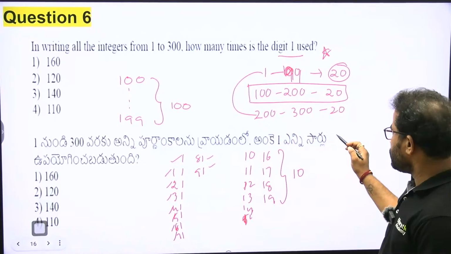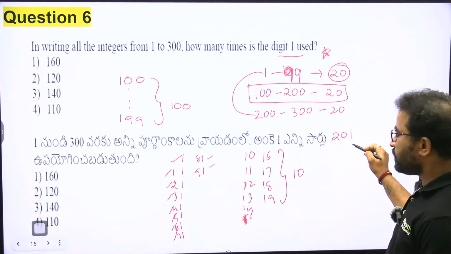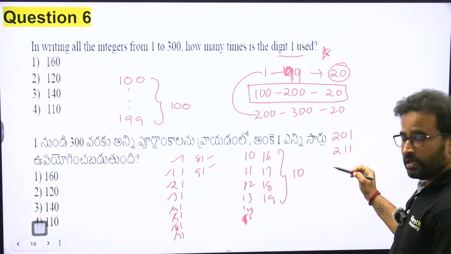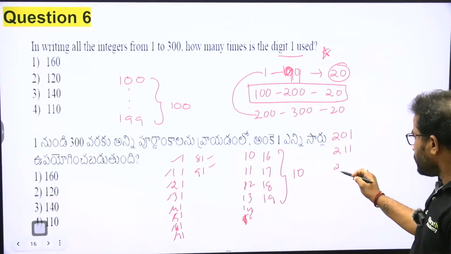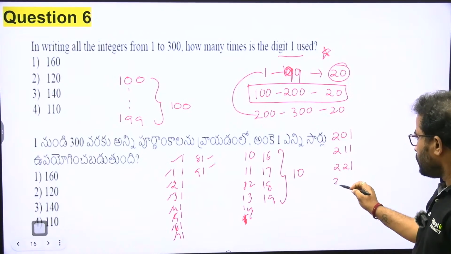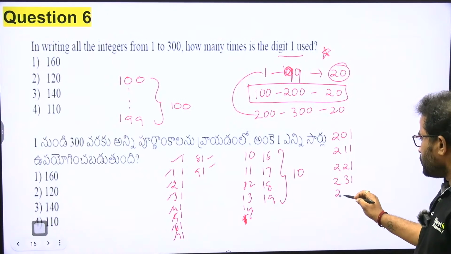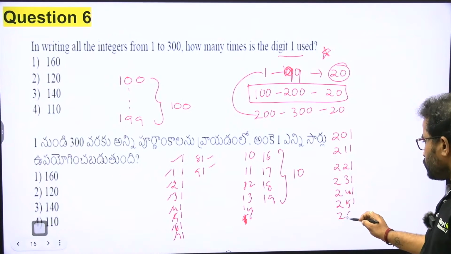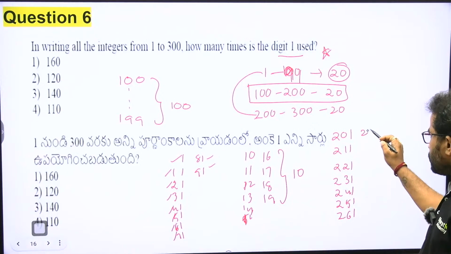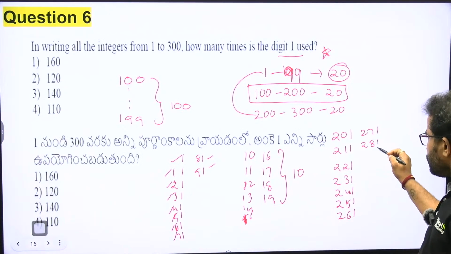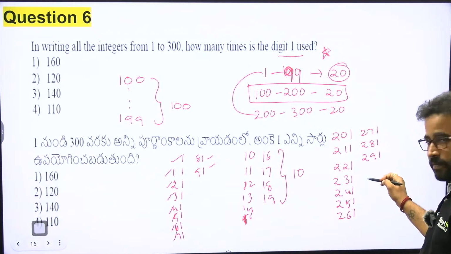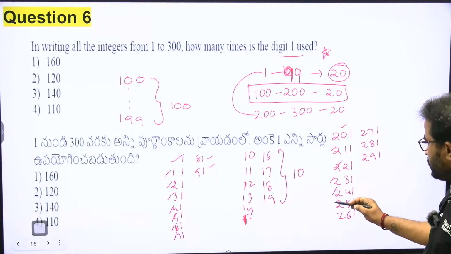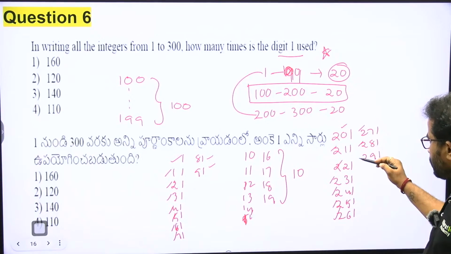Next, you need to focus on 211, 221, 231, 241, 251, 261, 271, 281, 291. Look at this one: 1, 2, 3, 4, 5, 6, 7, 8, 9, 10.